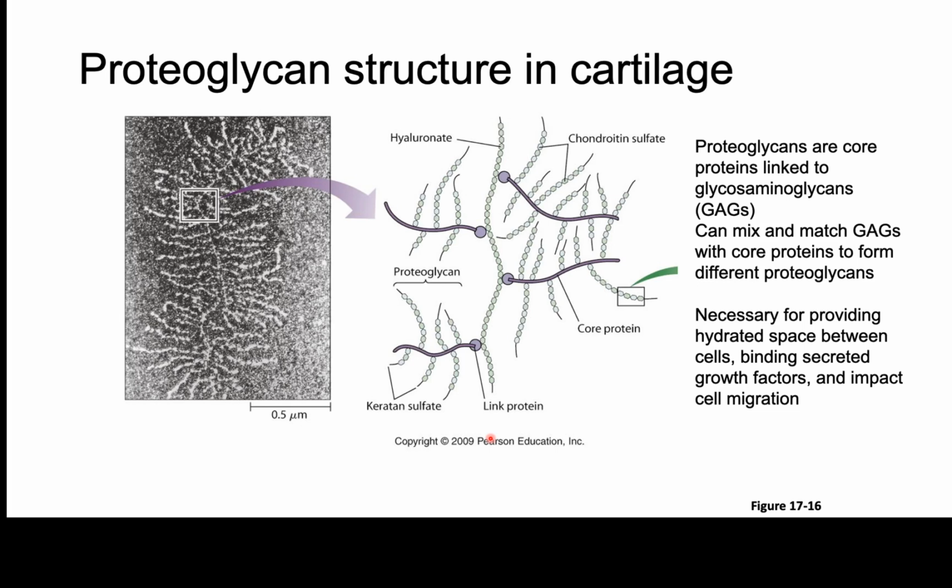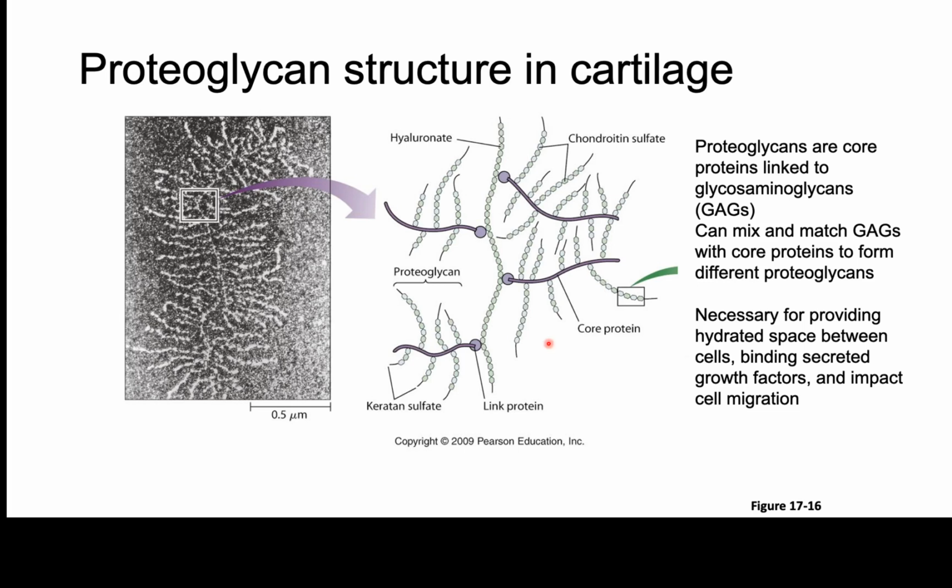These are really important for cell matrices for a lot of different reasons. So one function is that they provide this hydrated space between cells. So especially where there's lots of movement happening, so in things like joints, it's really helpful to have this kind of fluid-like substance that can allow a lot of movement.